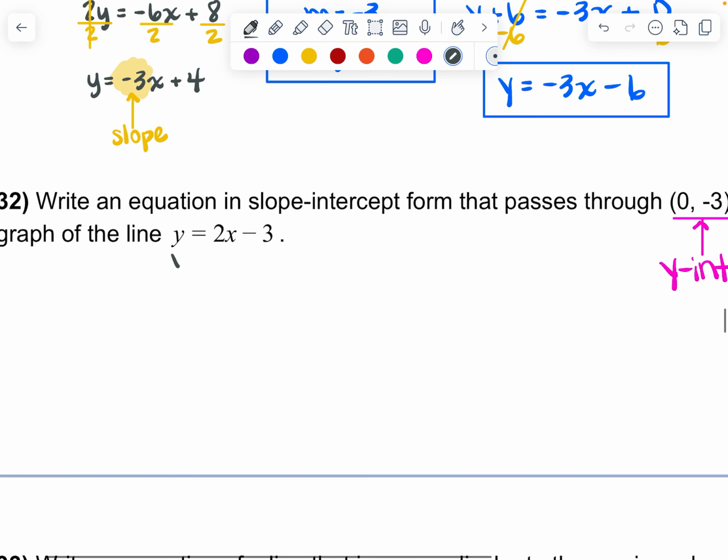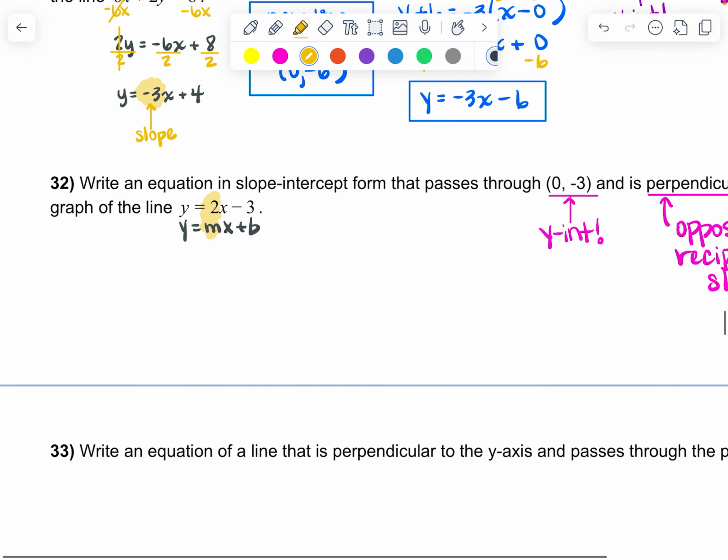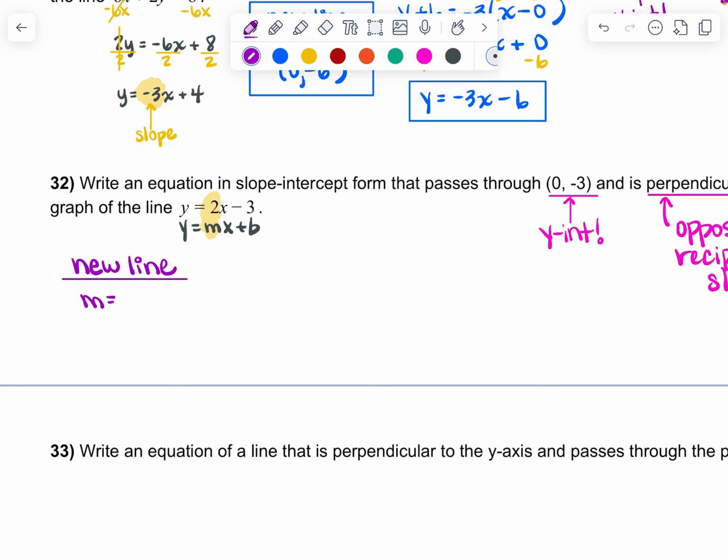So luckily for us, this equation is in y equals mx plus b form. So clearly the slope of the given line is 2. But, go over here, I'm going to keep track of all my information for my new line. And we want his slope. We don't want it to be positive 2.